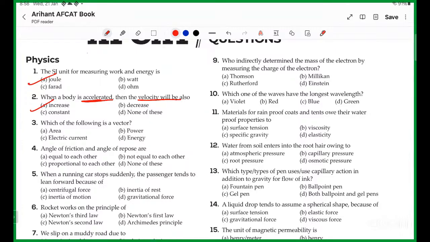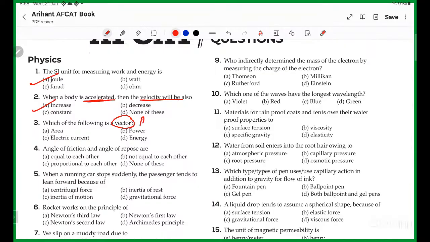The quantities which have both direction and magnitude are basically the vector quantities. And the scalar quantity is the quantity which has only magnitude. So here area will be the vector quantity.